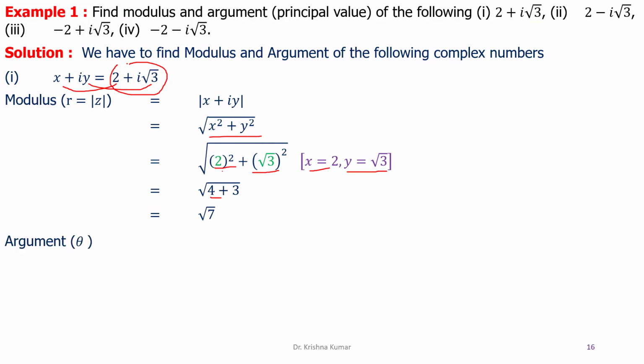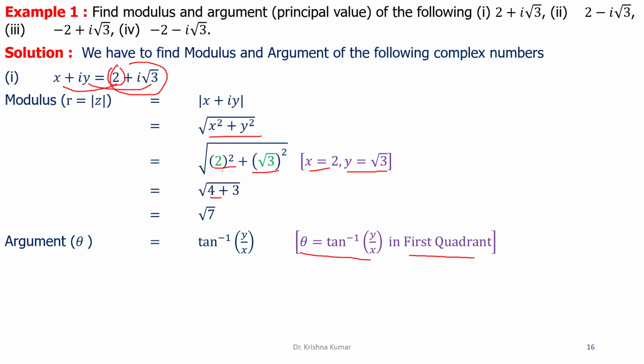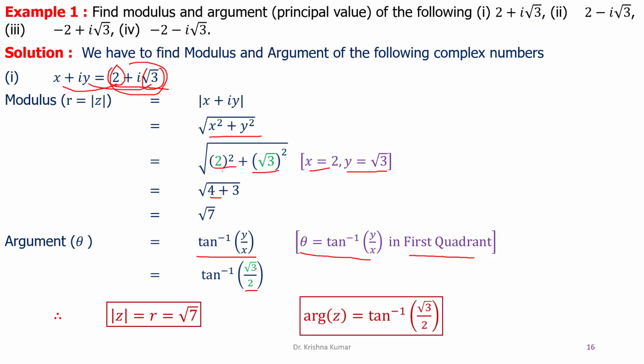And its argument theta is equal to tan inverse of y by x. Since the values of x as well as y are both positive, this complex number lies in the first quadrant. So its argument theta is equal to tan inverse of y by x. Let us put the value of y as root 3 and x as 2. Therefore, the modulus of z, which is r, is root 7, and the argument of z is tan inverse of root 3 by 2.